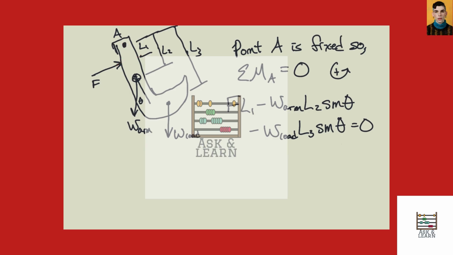The weight and the load do not act perpendicular, so we need to get the component that is perpendicular by taking the sine of this angle. So we get the weight of the arm times the sine of that angle, which is the component in this direction, times L2. It's in the clockwise direction, so we have a minus sign. Likewise for the weight of the payload, but now we have L3, and again we have a minus sign here because it's acting to rotate the bucket and the arm clockwise.